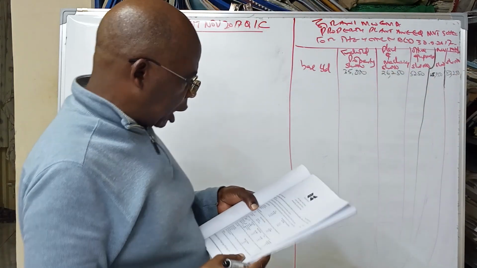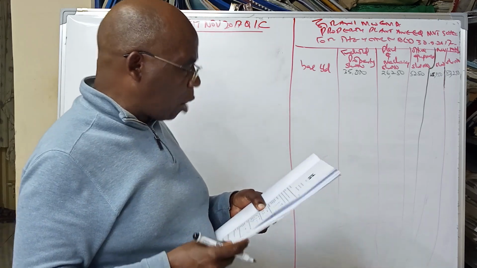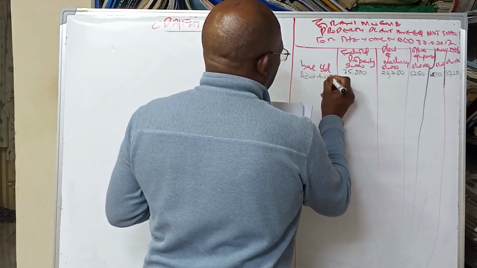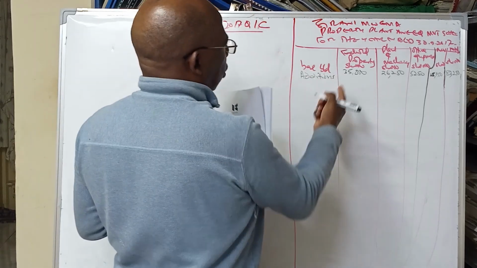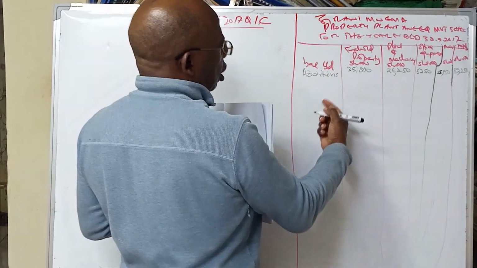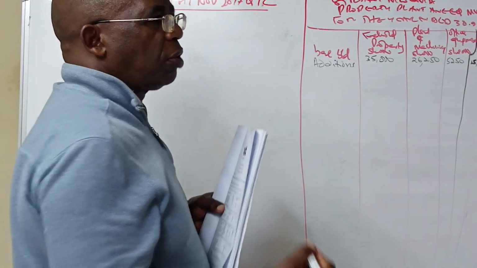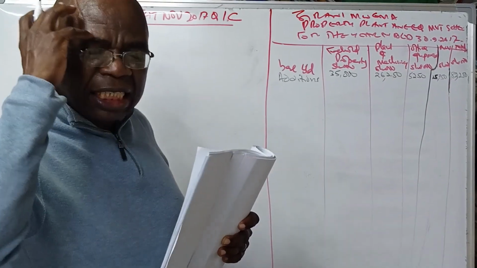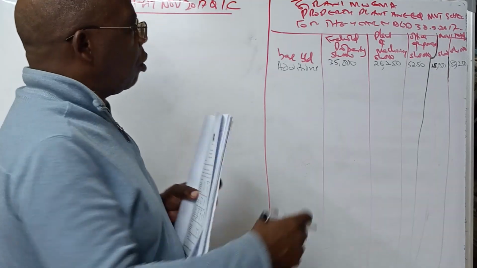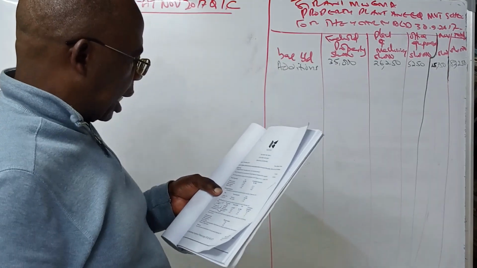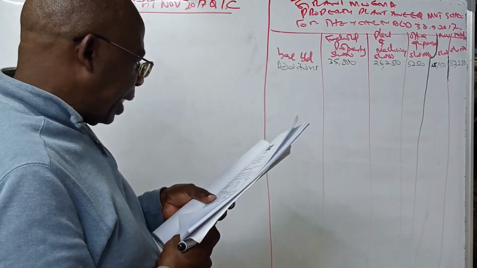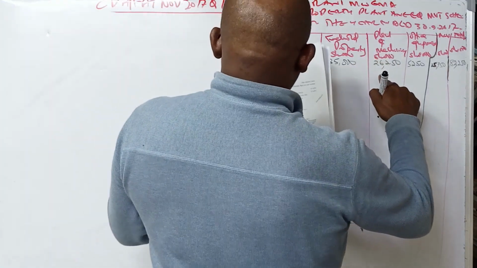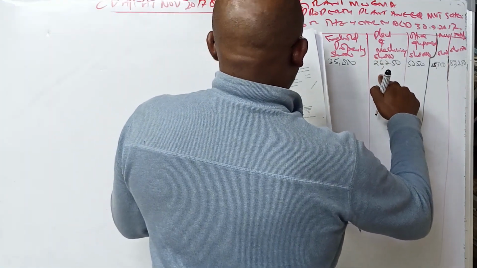And then we are told the following assets were acquired during the year. So you just come here and you say additions. Remember our format: we say balance brought down, we talk about additions, we talk about disposals, we talk about reclassification, we talk about revaluation. So you let the format be in your head so that whatever information is there, you just add. So we are told in additional information number one, we acquired plant and machinery at the cost of 3,500.